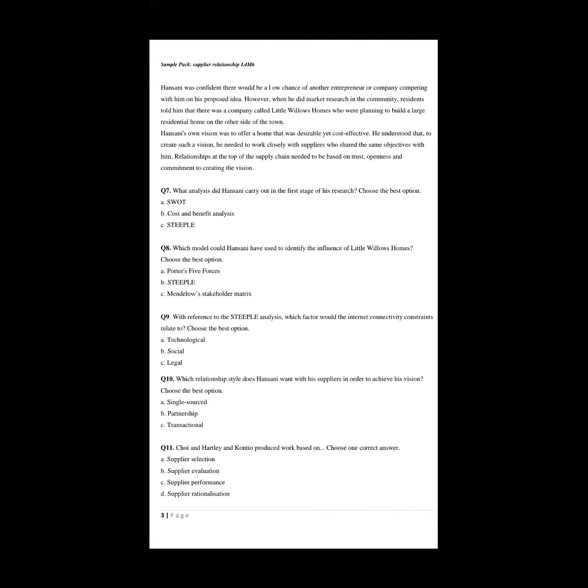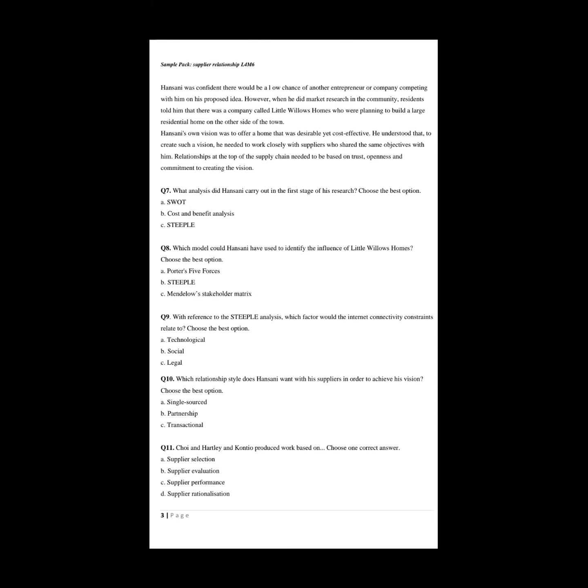Hansani was confident there could be a low chance of another entrepreneur or company competing with him on his proposed idea. However, when he did market research in the community, residents told him that there was a company called Little Willows Homes who were planning to build a large residential home on the other side of the town. Hansani's own vision was to offer a home that was desirable, yet cost-effective.